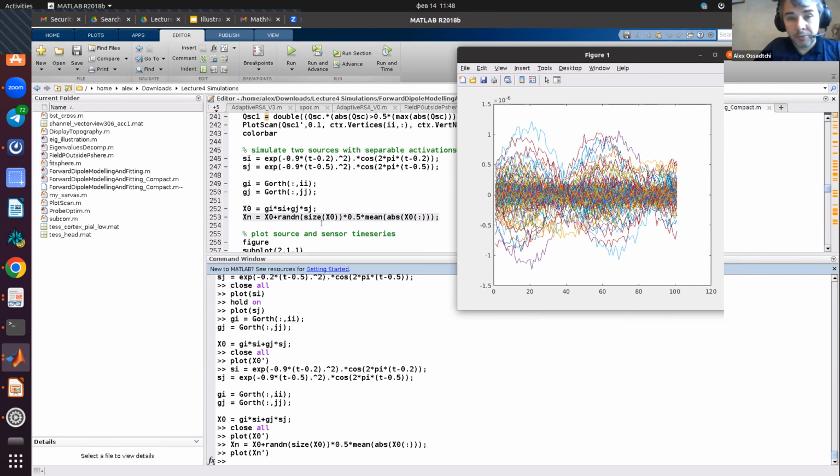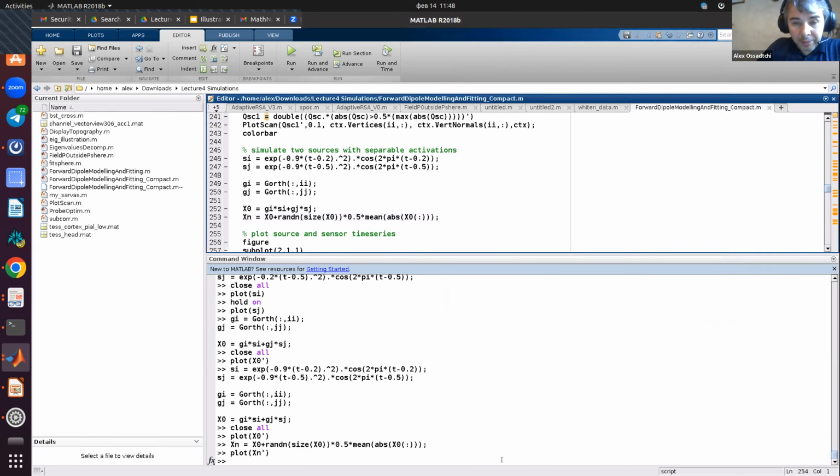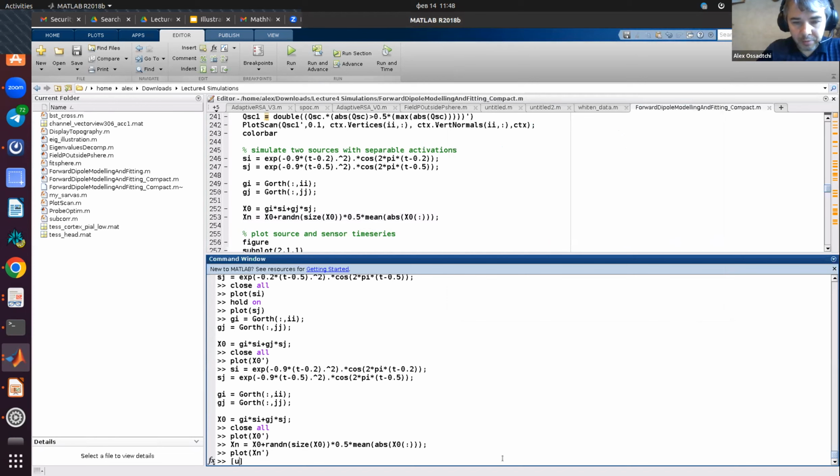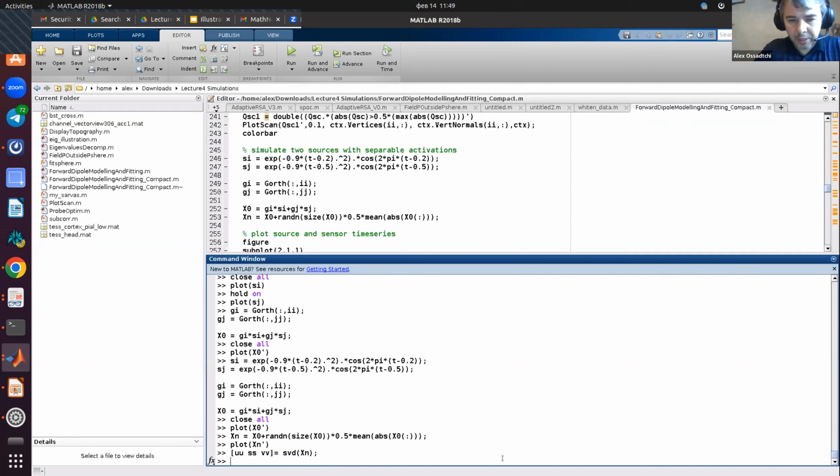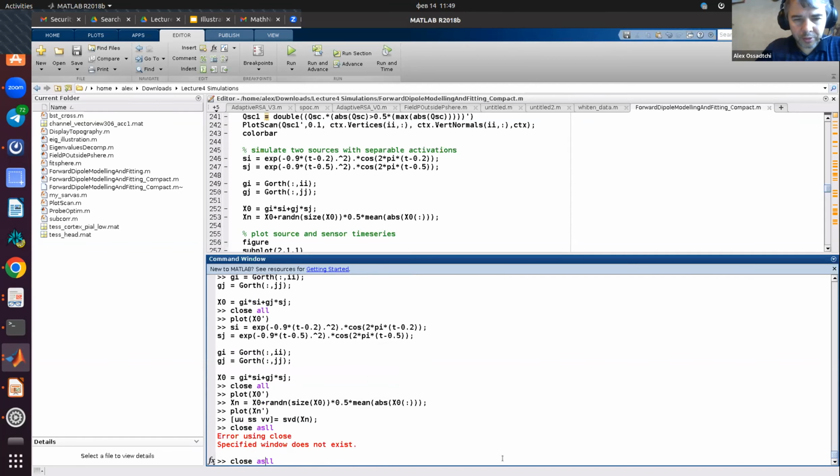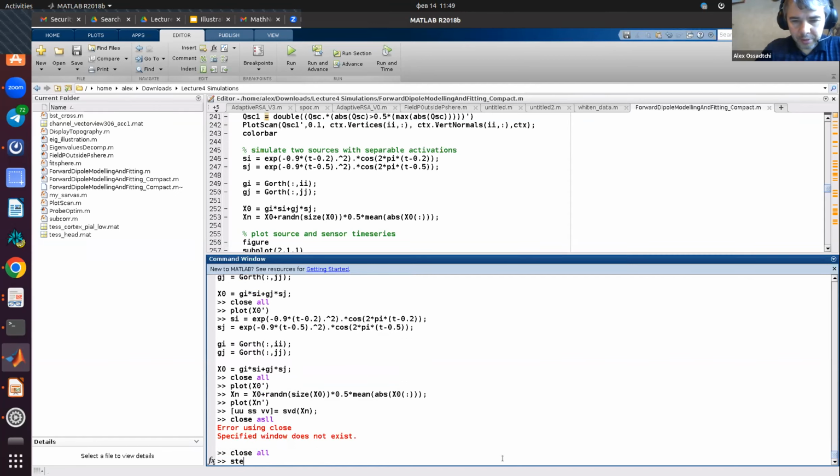So now to see the structure, let's apply SVD again. You again do SVD of matrix xn, and then let's first plot, close all, sorry, then stem diag of SS.